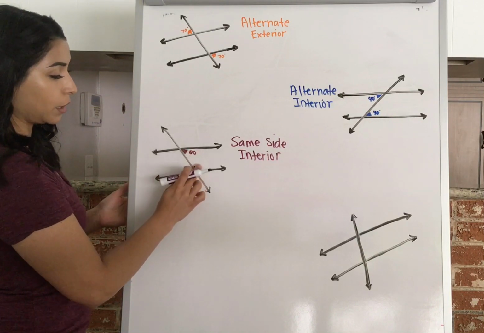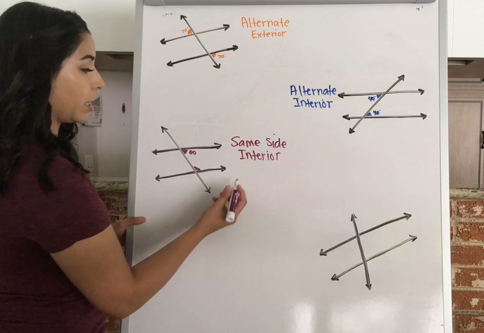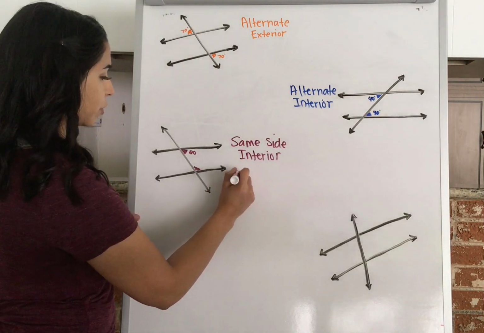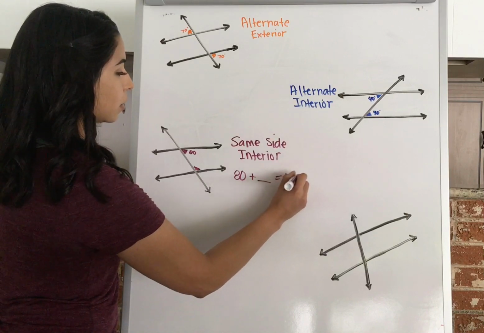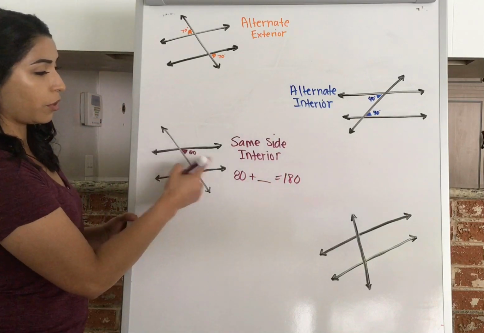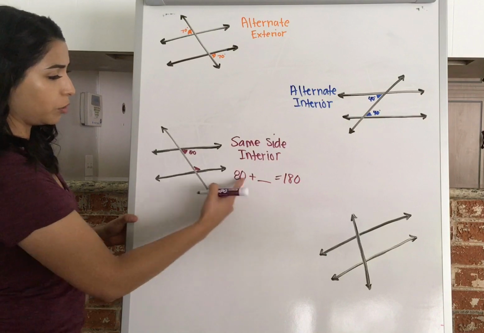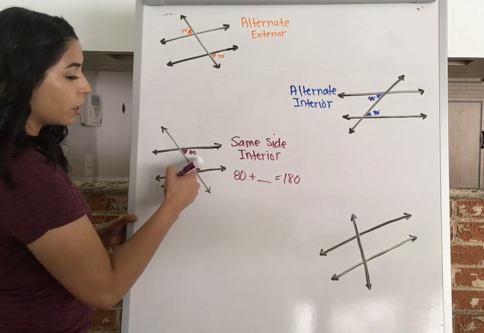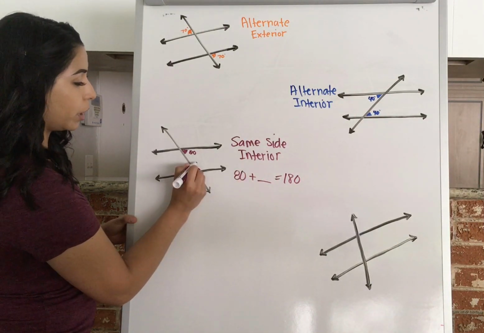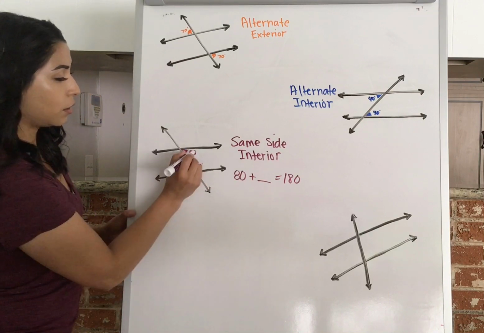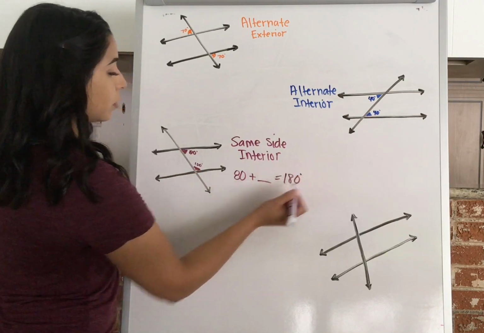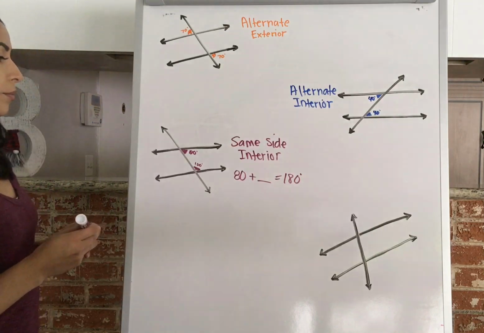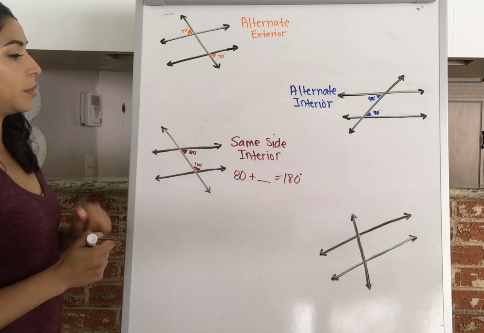So 80 plus blank equals 180. This is 100 degrees here. 80 degrees plus 100 degrees will give me a total of 180 degrees. So those are same side interior.